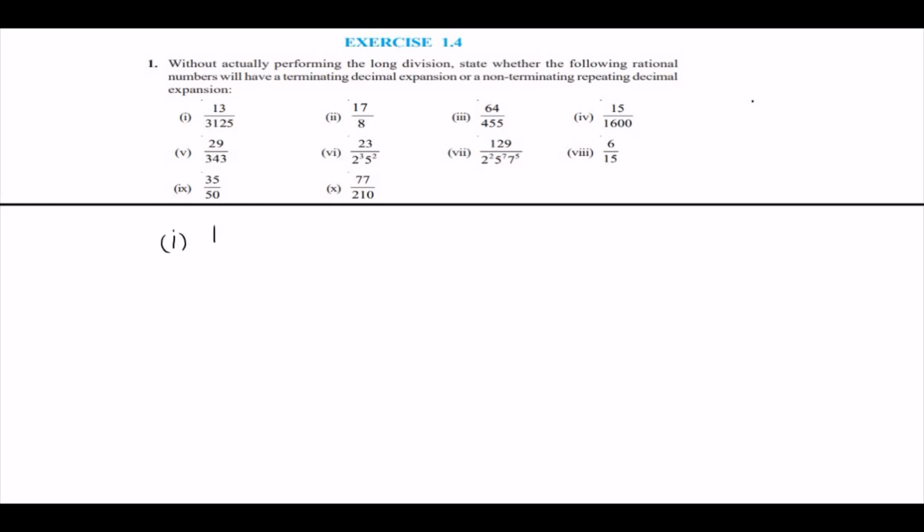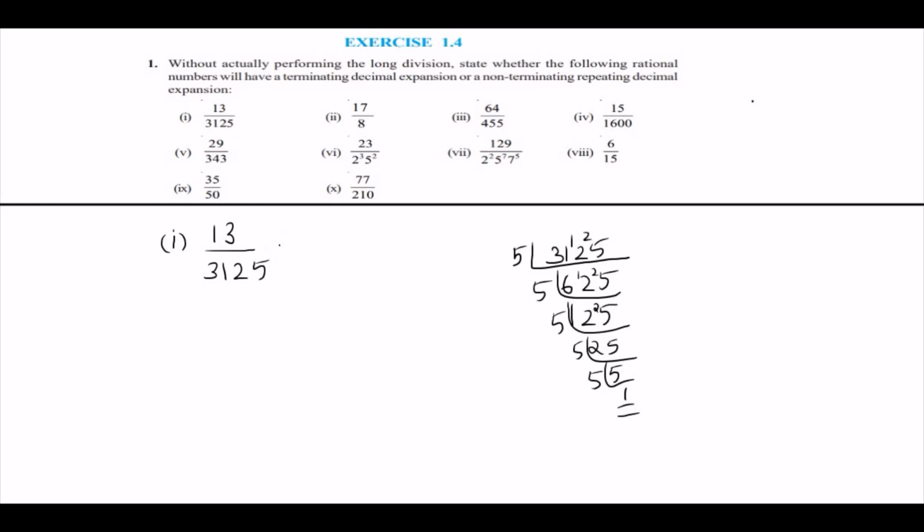That is 13 by 3125. So when you factorize 3125, you get in the denominator 5 raised to 5 and in the numerator it is 13. So the next step is check if there are any common factors. Here there are no common factors, so there is nothing to cancel.